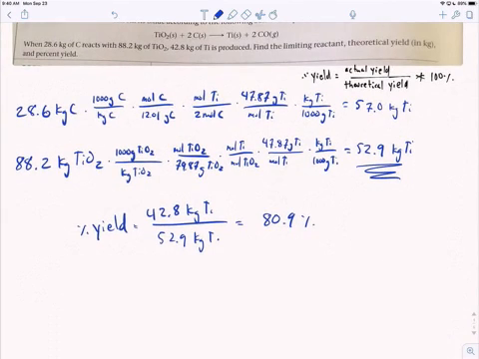So once again, figure out what the limiting reagent and theoretical yield is by looking at both reactants, and we find out that the limiting reagent is the ore, and the theoretical yield is 52.9 kilograms titanium. We're given that we get 42.8, so our actual yield over our theoretical yield gives us 81% percent yield.